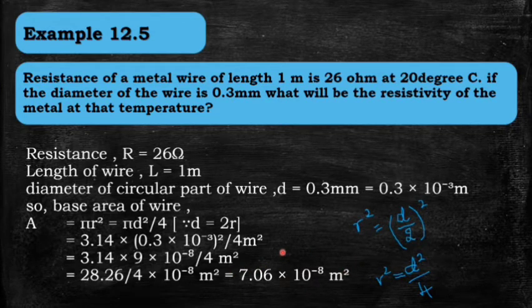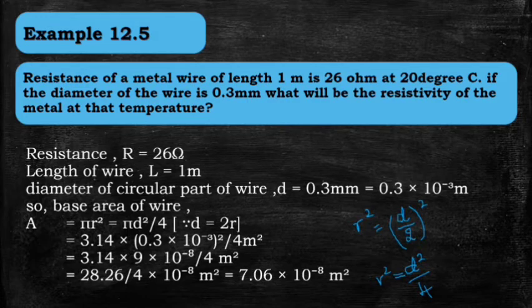Now we got the area, we know the length, and we know the resistance. They have said 1 meter of length will be having 26 ohm. If the diameter of the wire is 0.3 mm, what will be the resistivity of the metal? Now we know the length, the resistance, and the area.